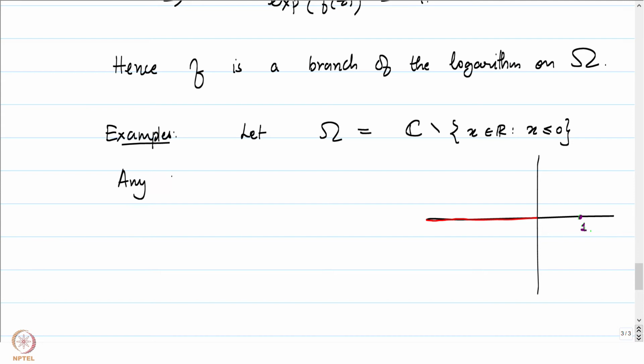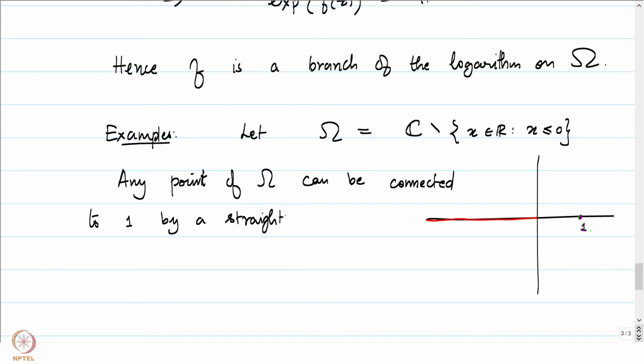Any point on omega can be connected to 1 by a straight line in omega. That's the key part. Such a domain is called a star-shaped domain.